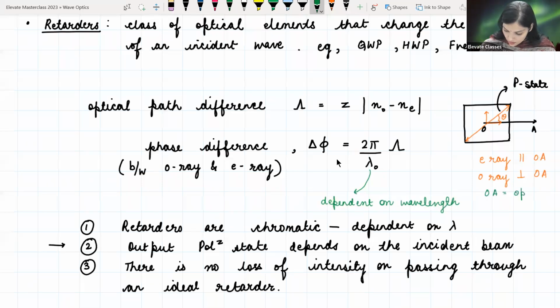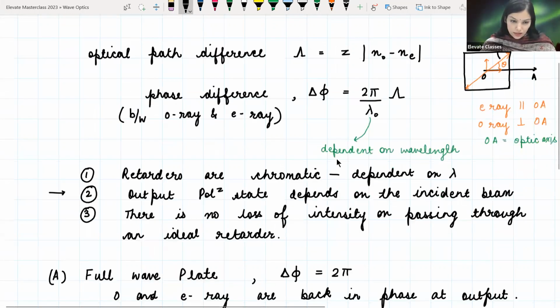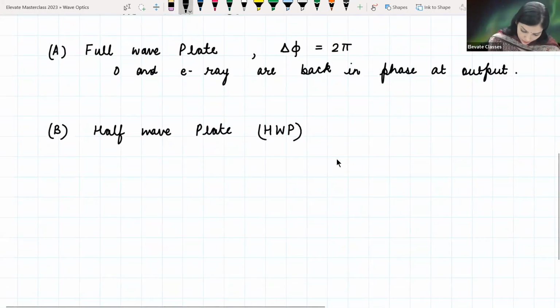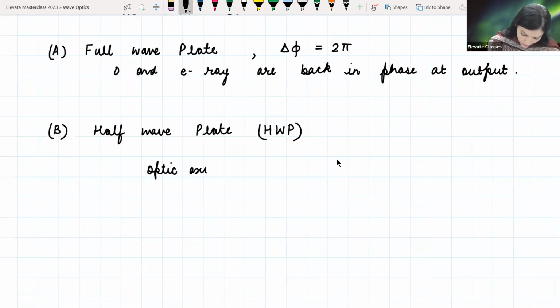Here OA represents the optic axis. In most of the cases, we are discussing a calcite crystal, which is a negative uniaxial crystal. Negative uniaxial crystal means, let me write it here, my optic axis is also called the fast axis.